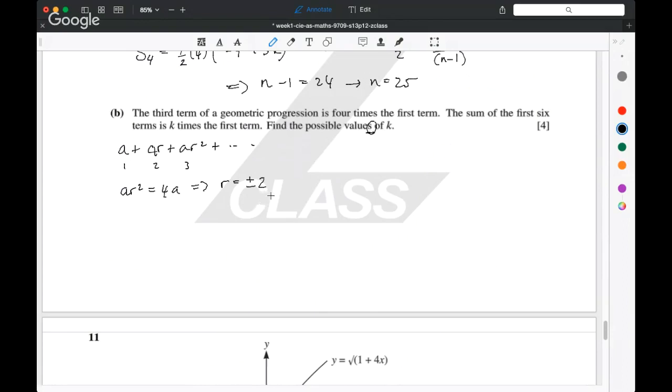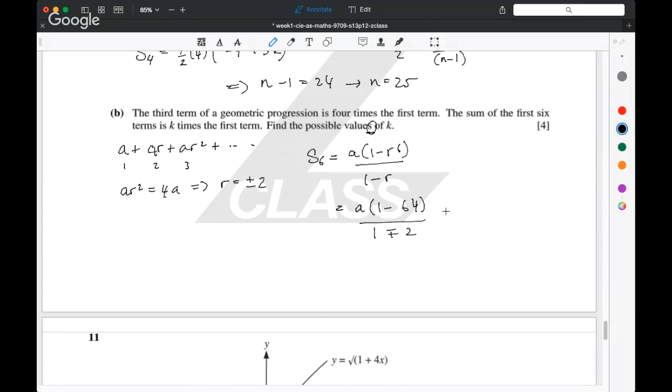And then we're told that the sum of the first 6 terms is k times the first term. So if we use the formula booklet again, we get the sum of the first 6 terms is a times 1 minus r to the 6 over 1 minus r. Well, r to the 6th, it doesn't matter if r is plus 2 or minus 2. It's an even power, so this whole r to the 6 is going to be positive. So it's going to be a times 1 minus 64, all over 1 minus or plus 2.